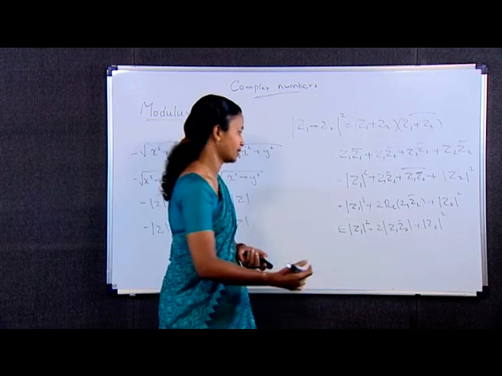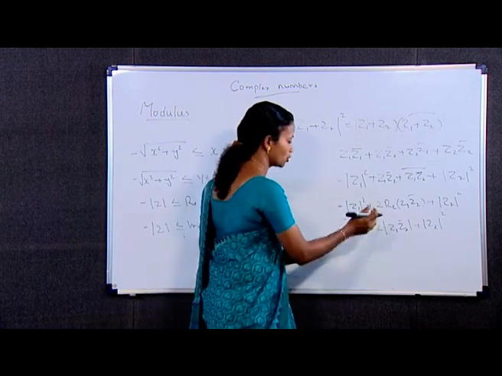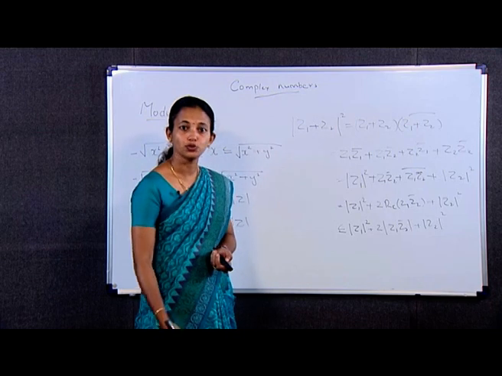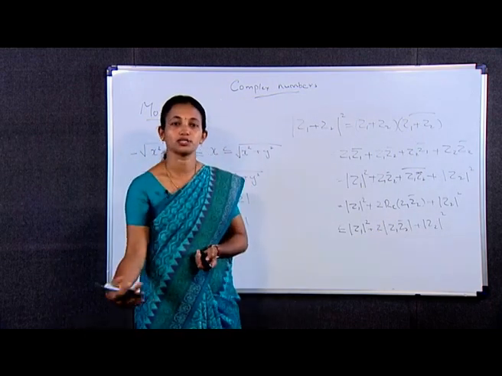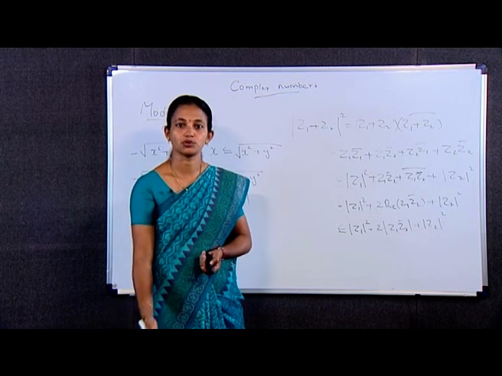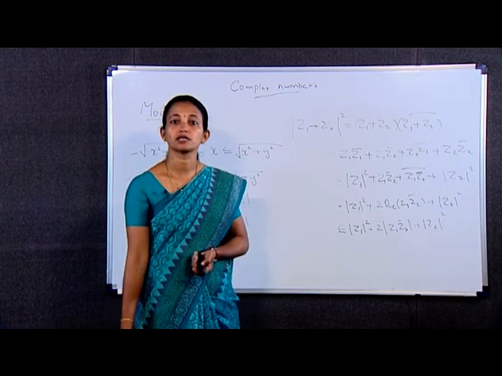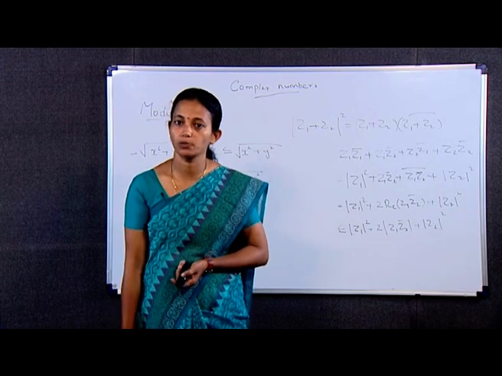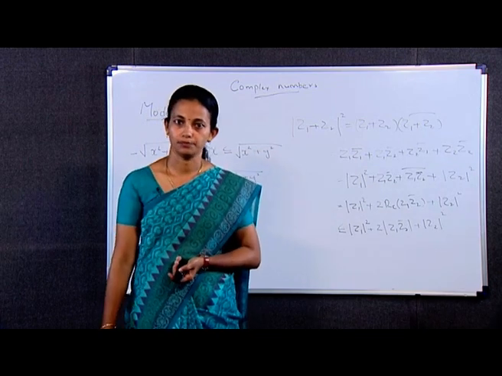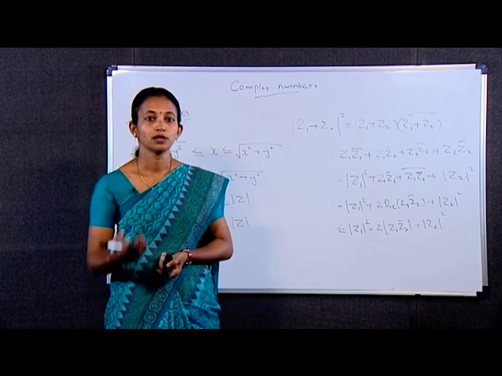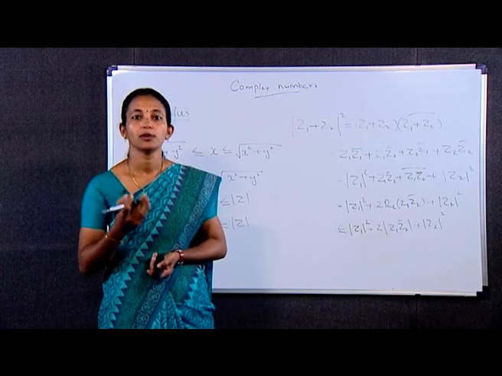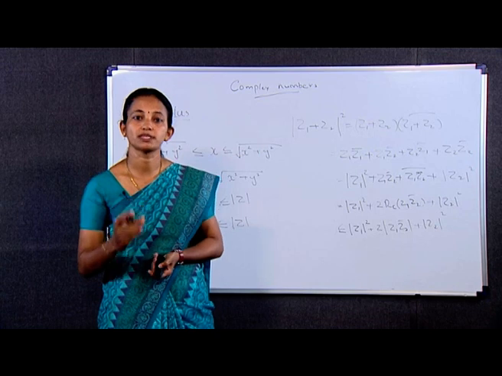Now we can split mod z1 z2 bar as mod z1 into mod z2 bar, which is equal to mod z1 into mod z2. So this is equal to mod z1 square plus 2 times mod z1 mod z2 plus mod z2 square.